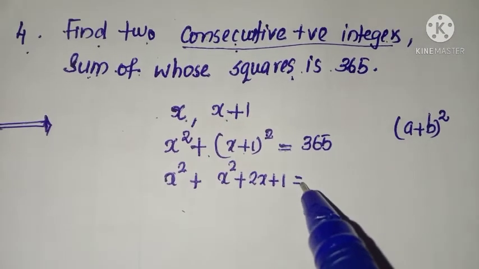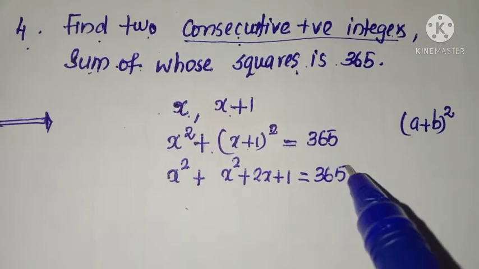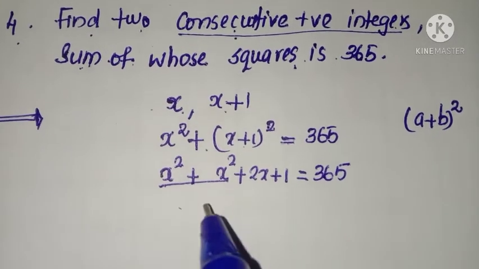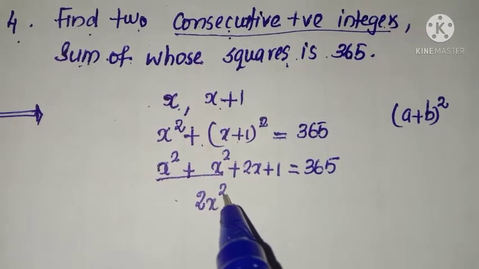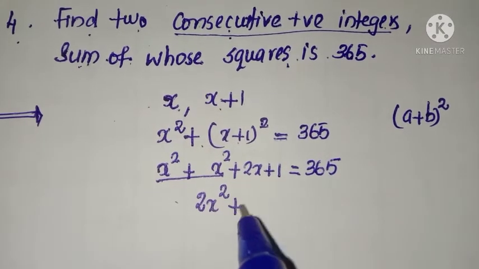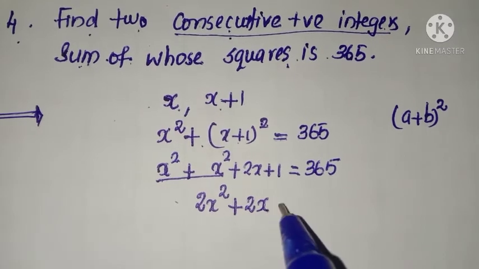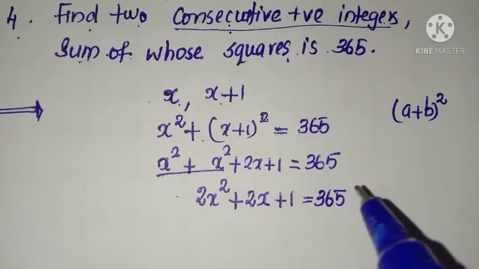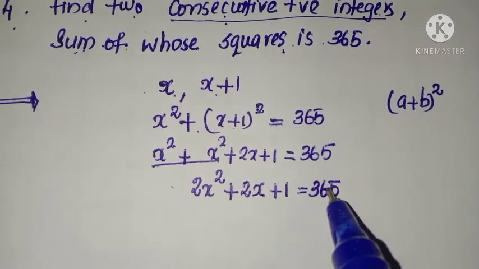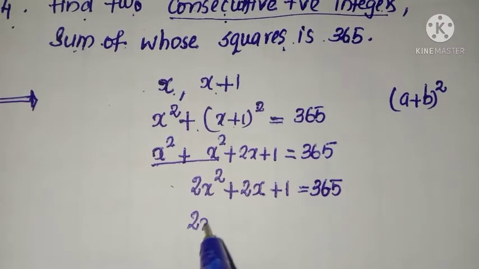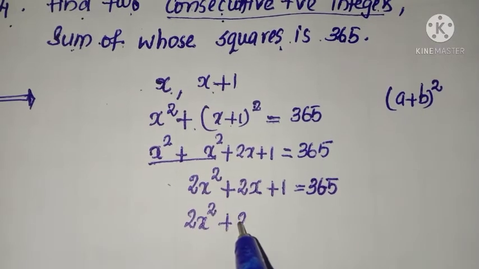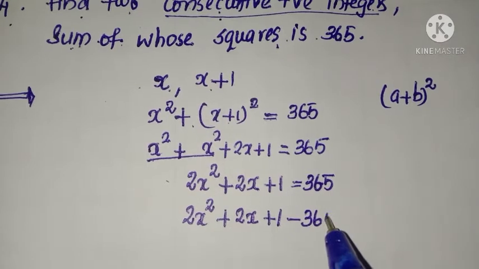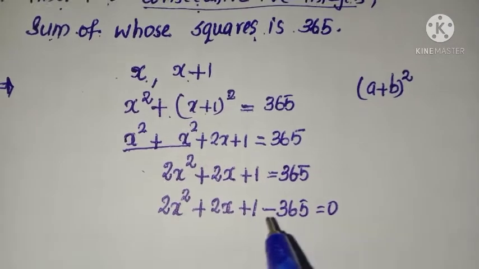Equal to 365. Now add the like terms, x square plus x square. x square plus x square gives 2x square. 2x square plus 2x plus 1 equal to 365. Now take this 365 to the left side. So this is 2x square plus 2x plus 1 minus 365 equal to 0.